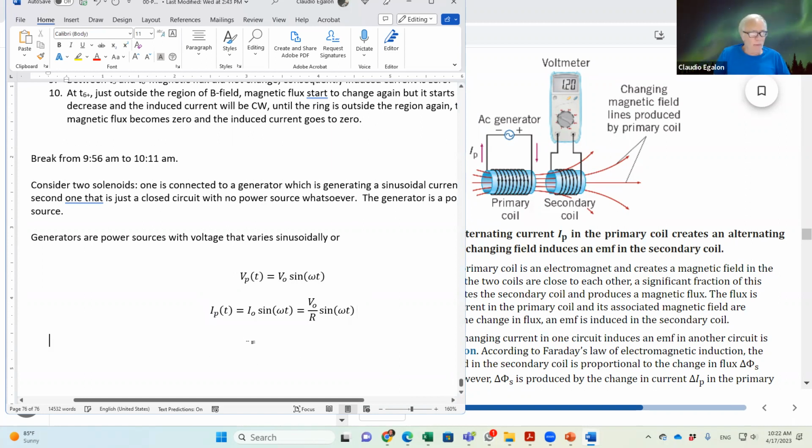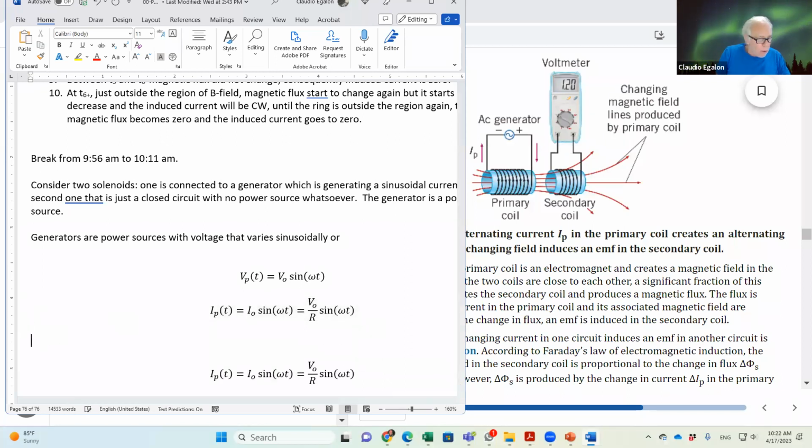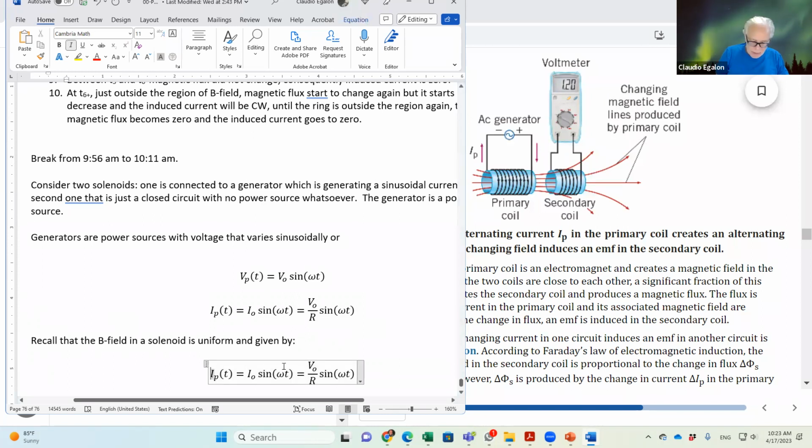Now, what else do we have to know? You have to know the following. Recall that the B field in a solenoid is uniform, right? It's uniform. And given by, what's the magnetic field in a solenoid?